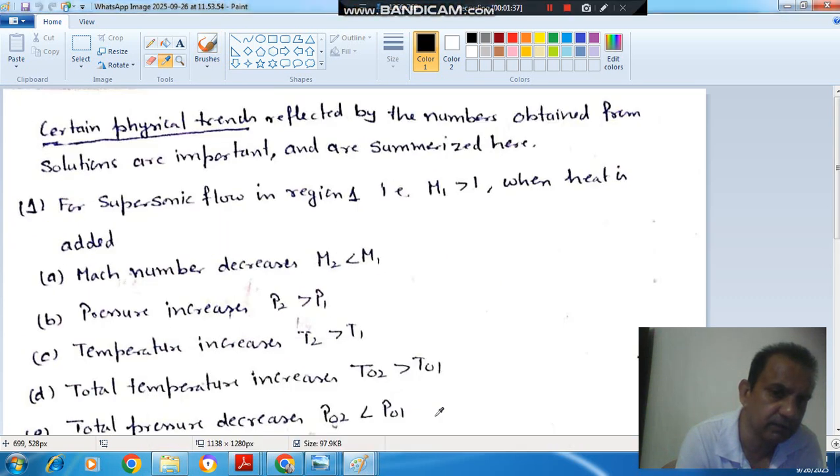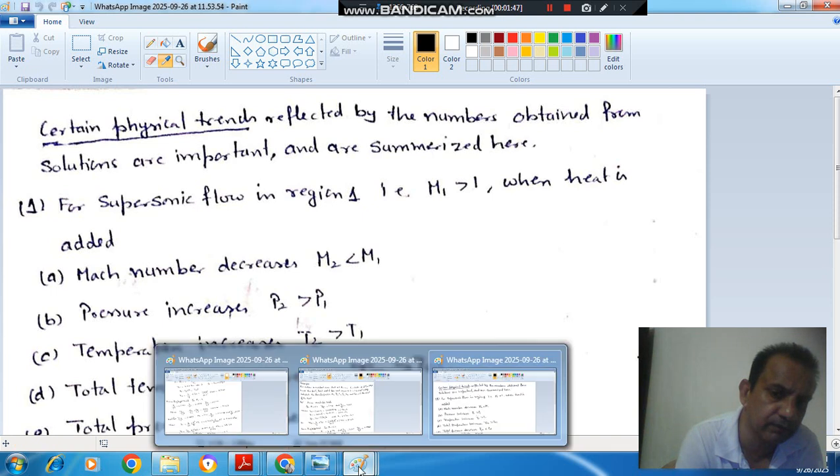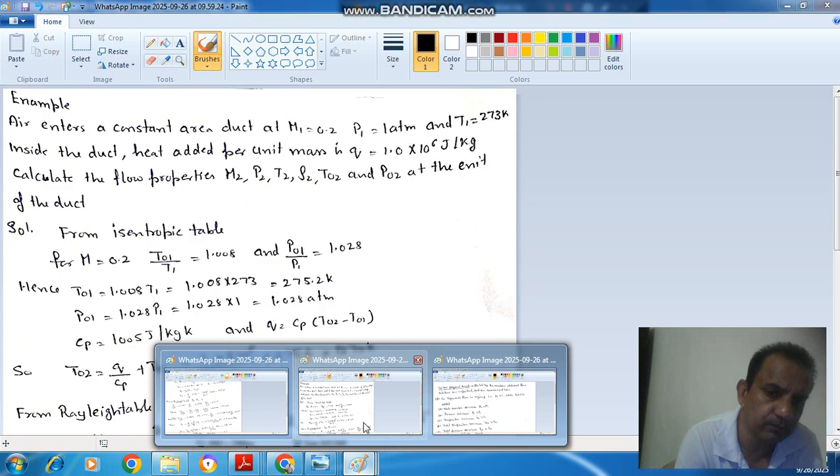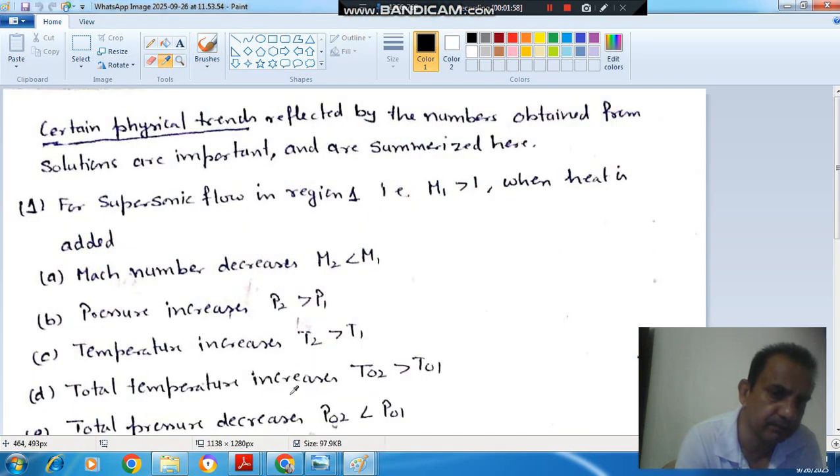So it means pressure increases. Third, temperature increases, T2 is more than T1. T2 is 761.7 and T1 is 300. So temperature increases.